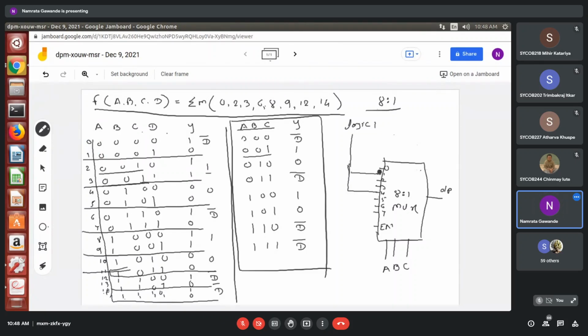Only D0 and D4 should be connected to logic 1. Now D2 and D5 should be connected to logic 0.